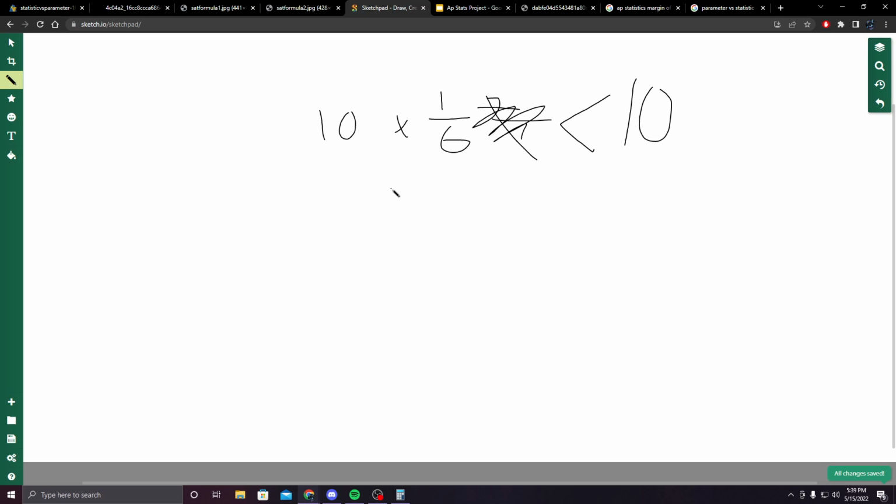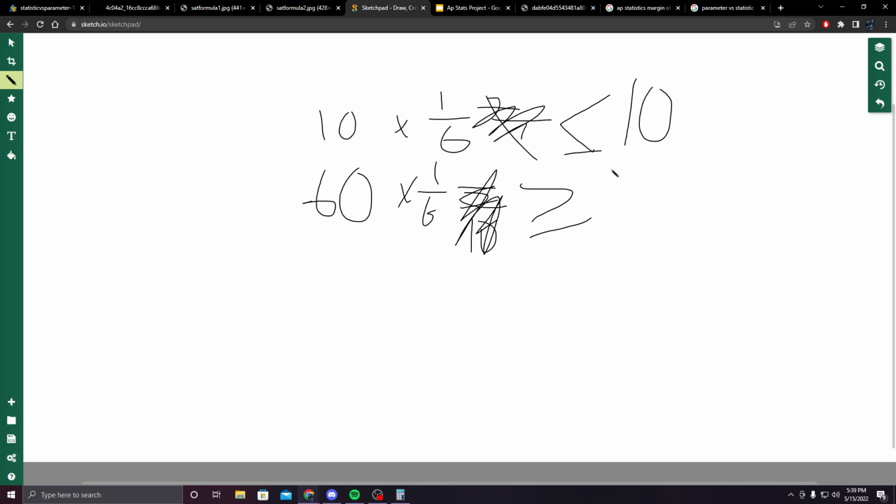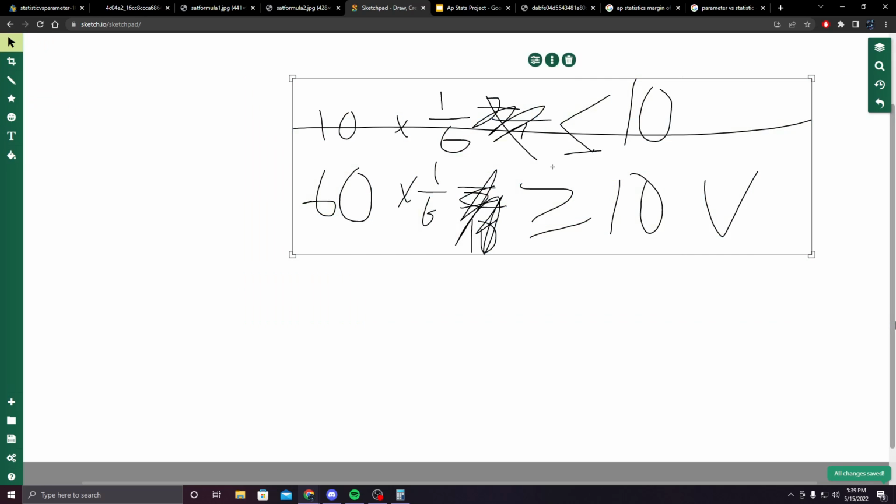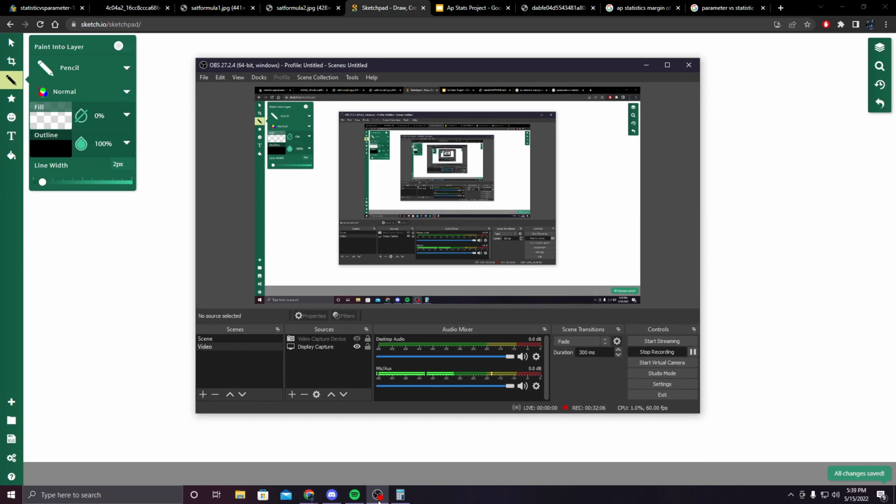So the number of dice rolls you would need would be at least 60 times 1/6, so that all the expected values are greater than 10. So this condition is met here, but not up here. Does that make sense? I feel like I'm rambling, but hopefully everything makes sense.